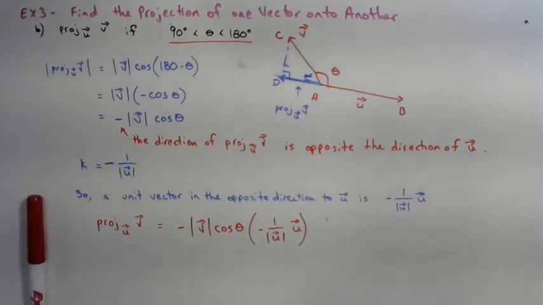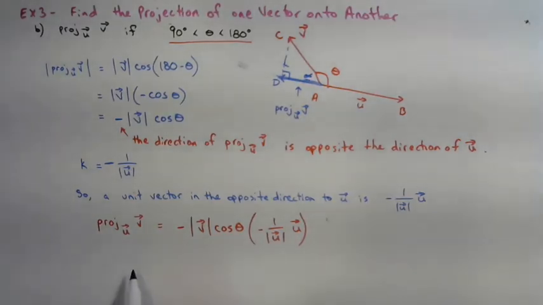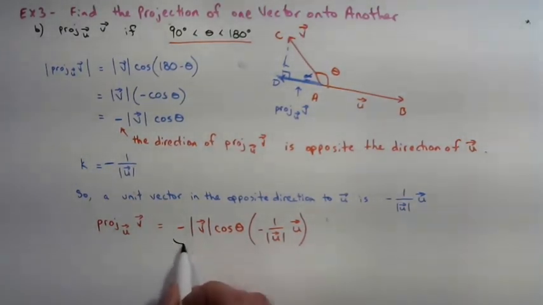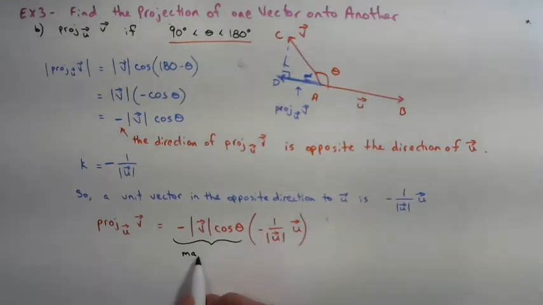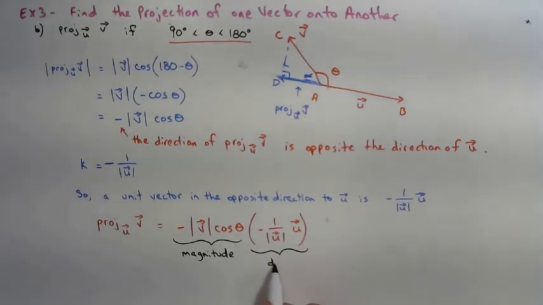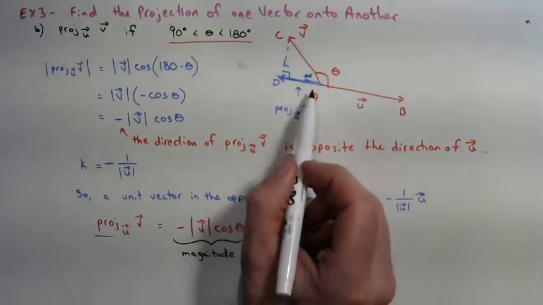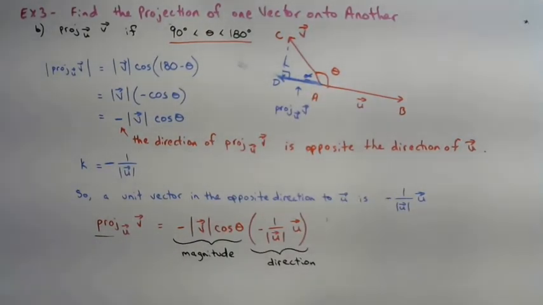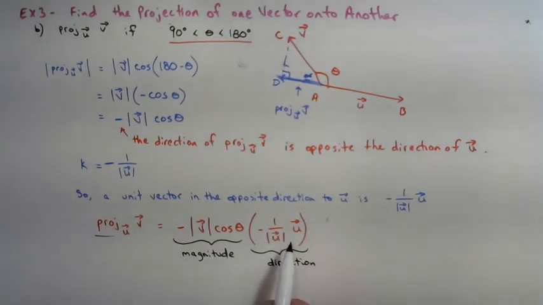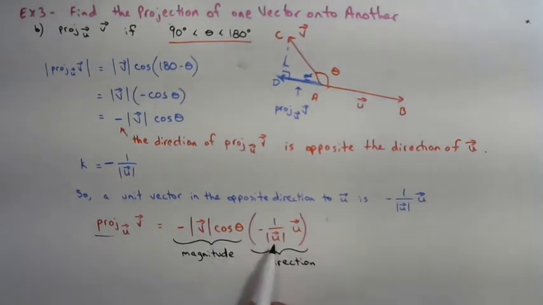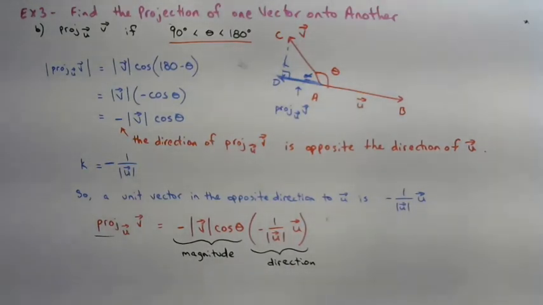Again, this right here gives us the magnitude. This right here gives us the direction of the projection of v onto u. It's our AD right here. And what happens if you have two negative factors in a string of multiplication? Well, it comes out positive.